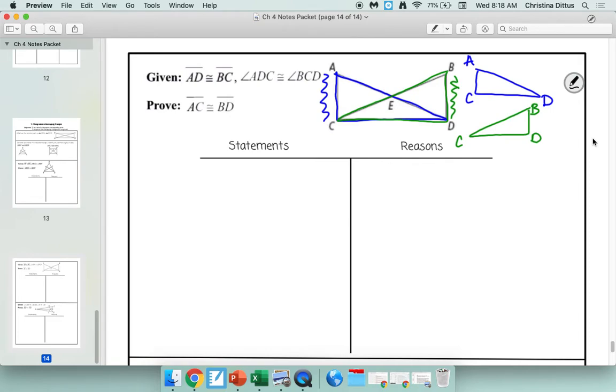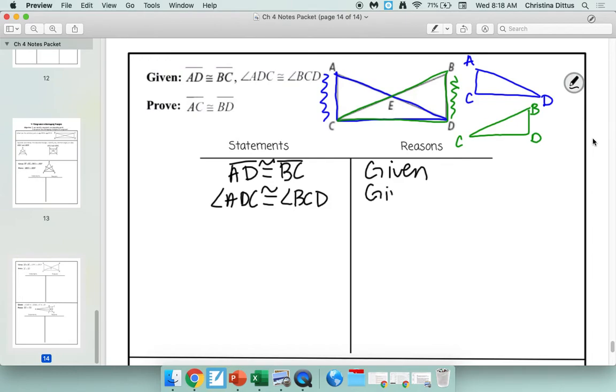I'm given AD is congruent to BC, and angle ADC is congruent to angle BCD. Both of those are given. And then make sure you put them in your separated triangles, AD, BC, and angle ADC and BCD.